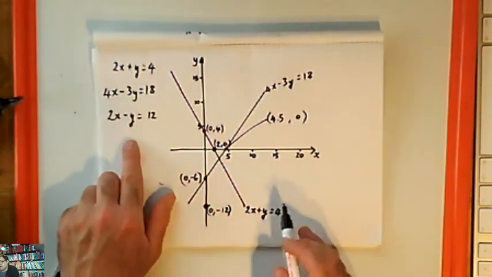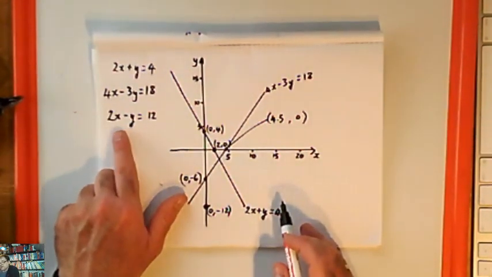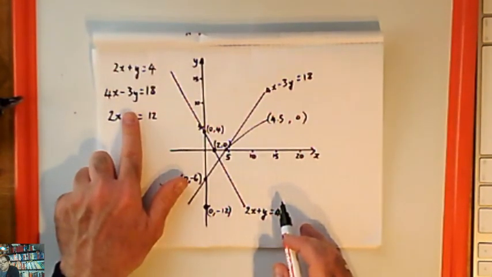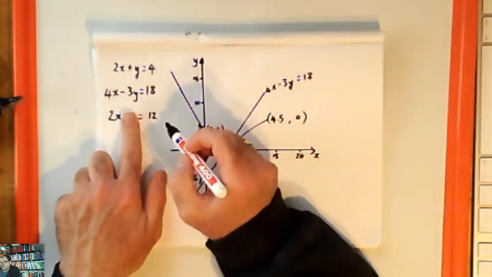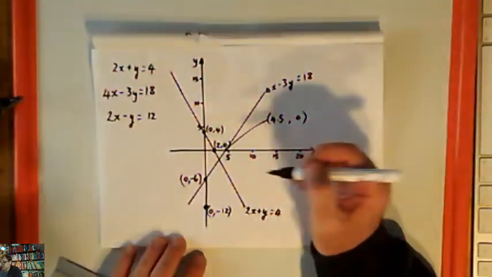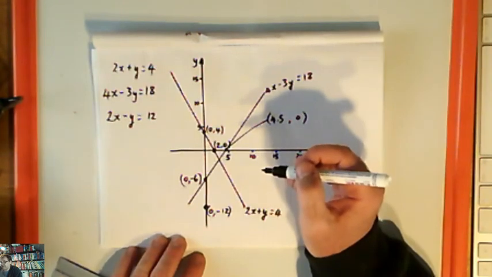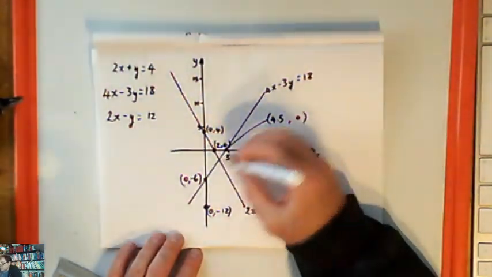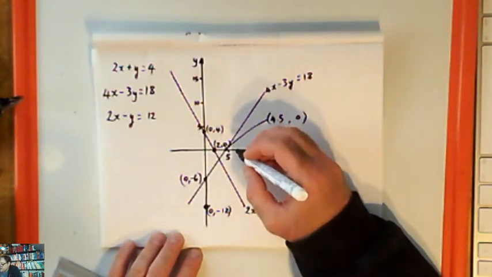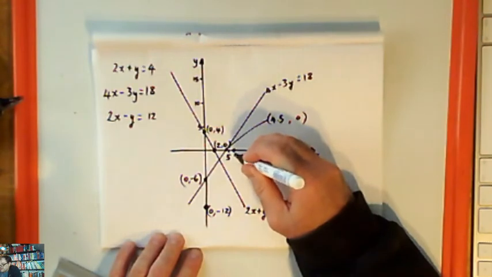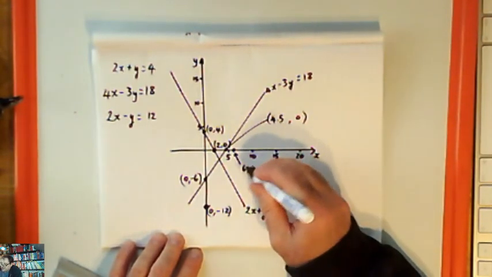Now I'm going to think about what happens when y is 0. So you just get 2x minus 0 equals 12, so the y bit would disappear. 2x equals 12. x would have to be 6. So when y equals 0, x is 6 to make that balance, so it goes through the point 6, 0.